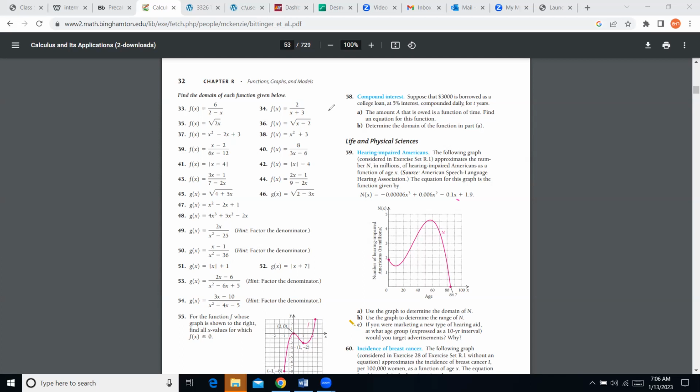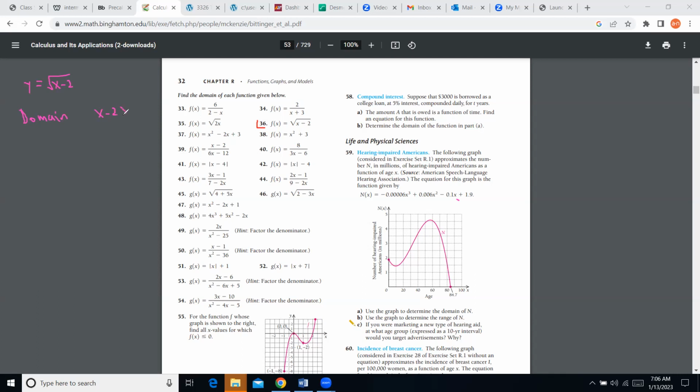So, for example, if you try problem number 36 here, that's section 1.3, I guess that's where we stopped, right? So if you have a function, a square root extracted from x minus 2, then we want to find the domain of that function by making sure that you don't take the square root of a negative number.